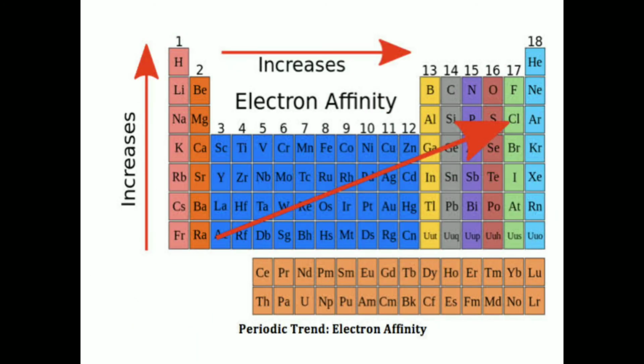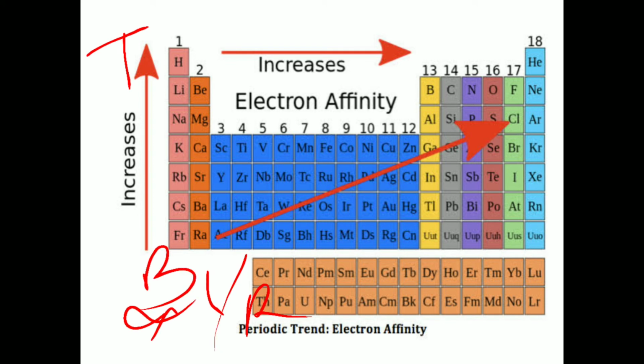Similarly, electron affinity is inversely proportional to the radius. Going from top to bottom the radius increases, so the electron affinity decreases, or we can say from bottom to top the radius decreases.